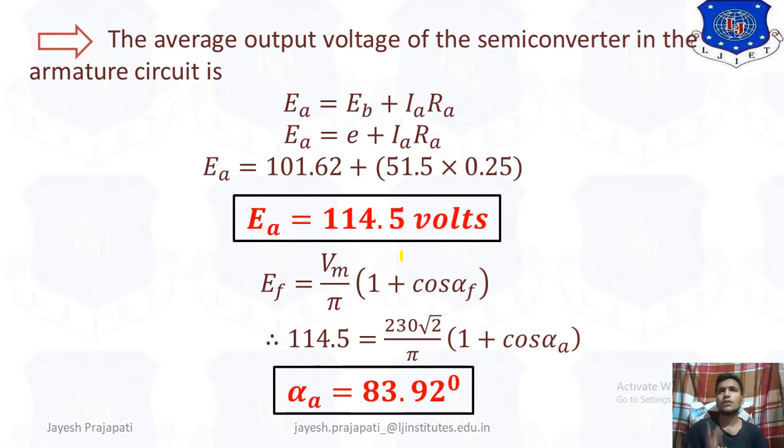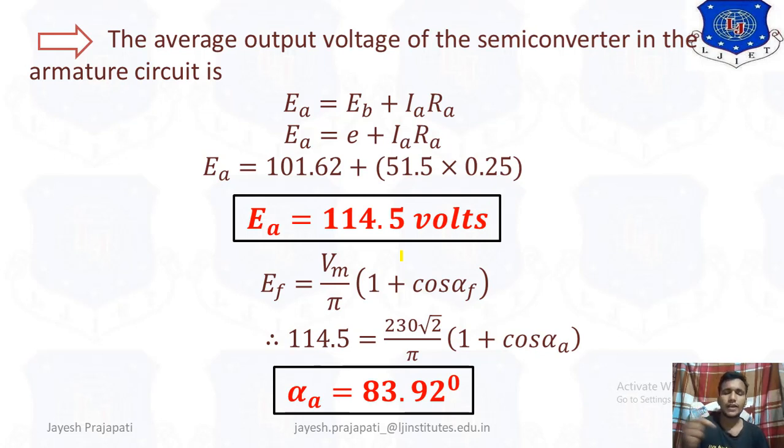We know that this is the firing angle of the control device used in converter drives. A rectifier can use a diode, but in the semi converter drive we have to control the speed by some angle. So we use an SCR, silicon controlled rectifier, which has three terminals: anode, cathode and a third, the gate terminal.